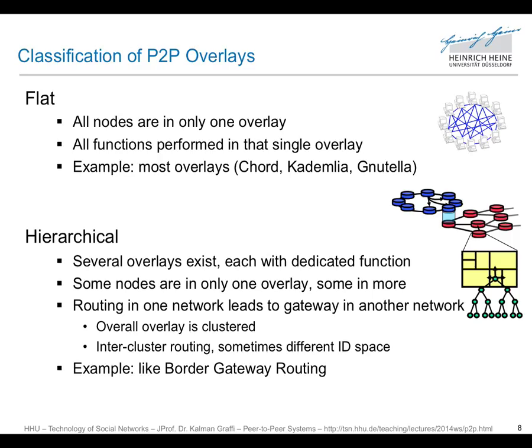You typically have this kind of routing in the internet, for example border gateway routing, where for a specific network type, for example the local area network, you have one kind of routing, and then you have exit points to the higher level routing. And this higher level routing could also have some exit point to some even higher layer routing. So we can have these overlays stacked over each other. Typically, this is not too frequently used because it is quite complex, but we should also know this terminology about flat and hierarchical overlays.